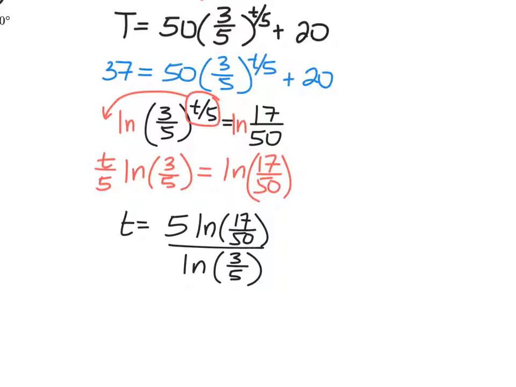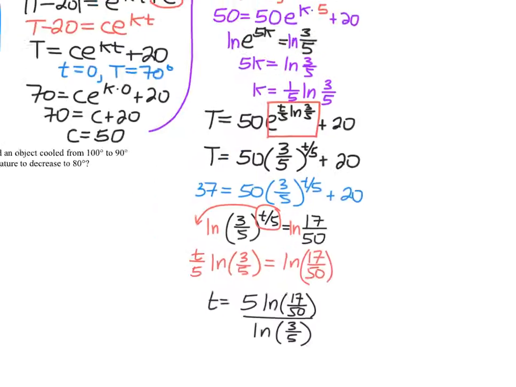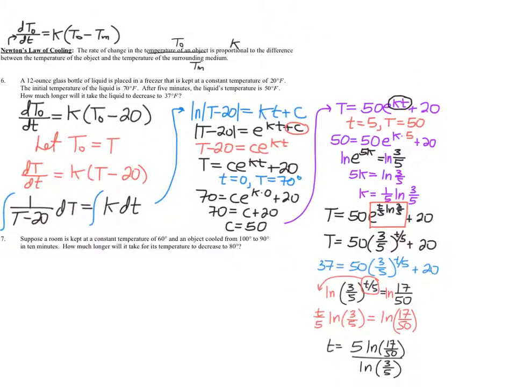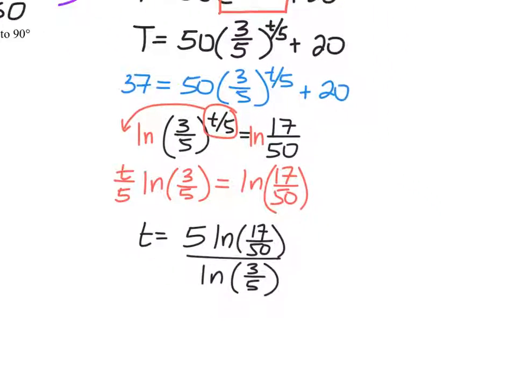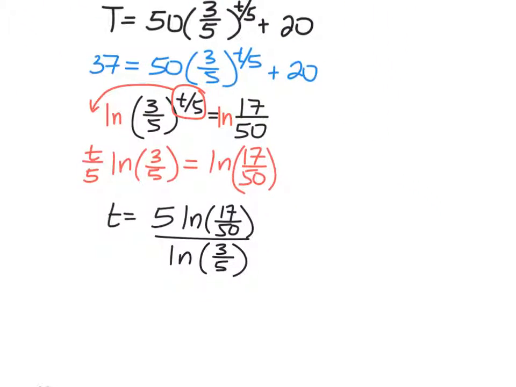Such a clean answer. The one thing to keep in mind is that your answer is how many more minutes? All right, because it said after 5 minutes the liquid's temperature is 50 degrees. How much longer will it take the liquid to decrease to 37 degrees Fahrenheit? So that minus 5.